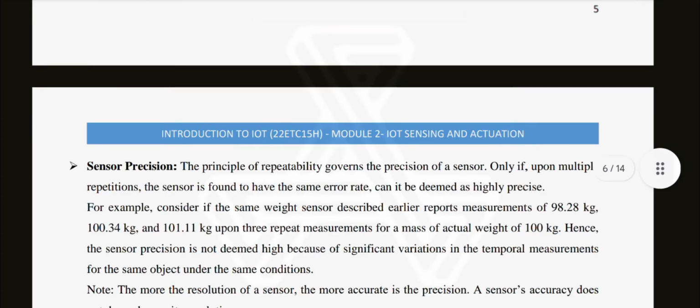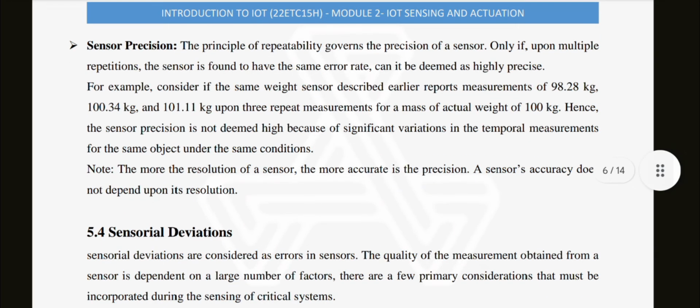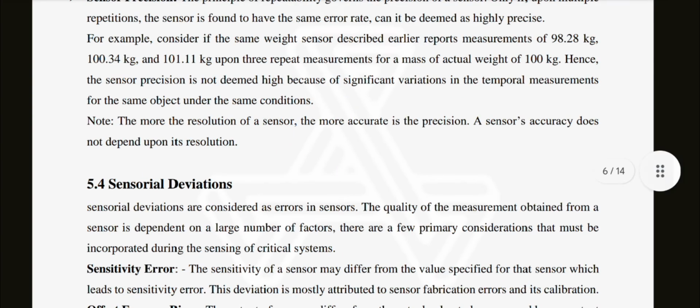Sensor precision. The principle of repeatability governs the precision of a sensor. Only if upon multiple repetitions the sensor is found to have the same error rate can it be deemed as highly precise. For example, consider if the same weight sensor described earlier reports measurements of 98.28 kg, 100.34 kg and 101.11 kg upon 3 repeat measurements of a mass of actual weight 100 kg.